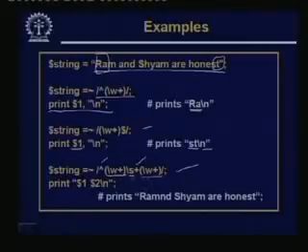Now, if you print this, the first one will print "Ram". The second one will print this space, then the minimum, this A, and the word character followed by this plus will typically take up to the end of the string. So, "Ram", "and Shyam are honest", this is what will be printed.